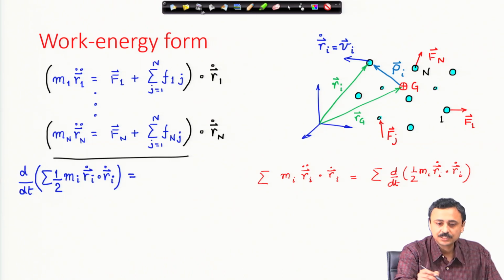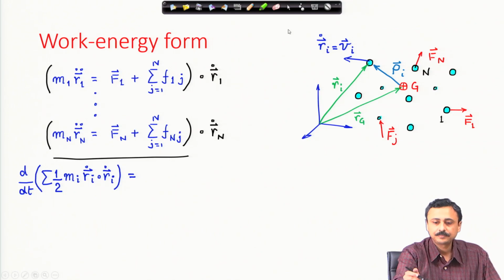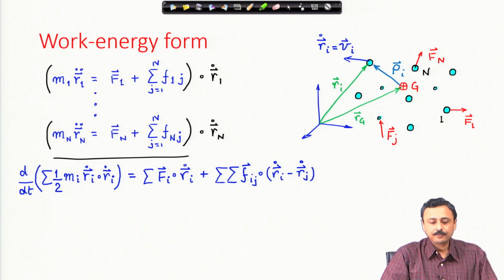Okay, we will proceed first with the right hand side. On the right hand side, I have the summation of F_i dot r_i dot. That means the dot product of the force acting on the ith particle with the velocity of the ith particle, summed over all particles.